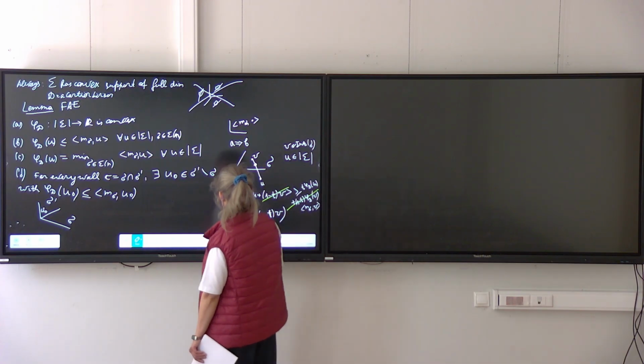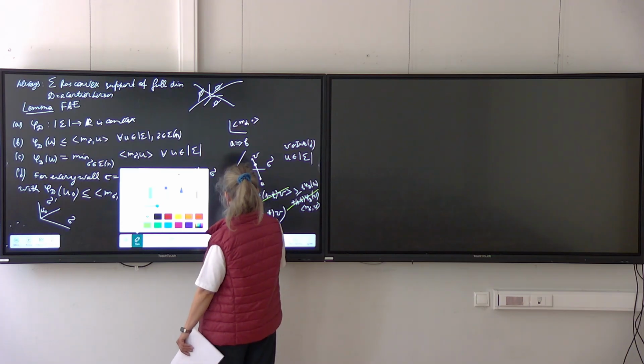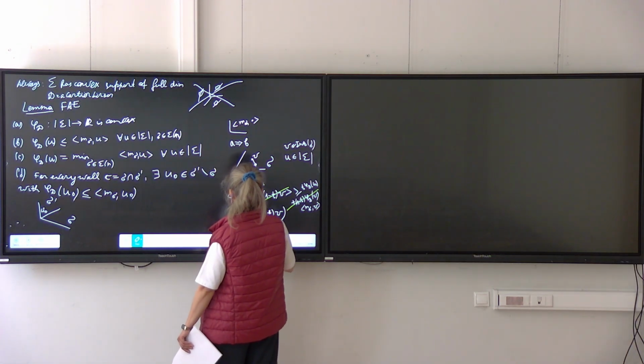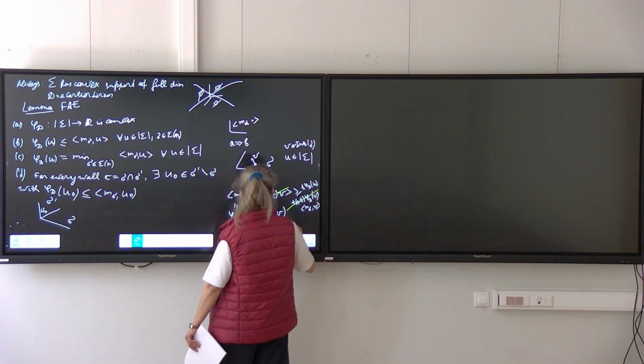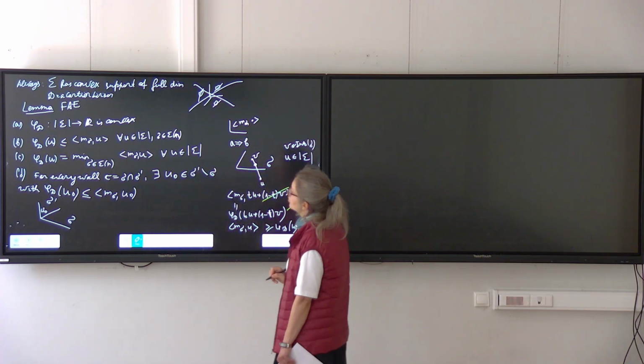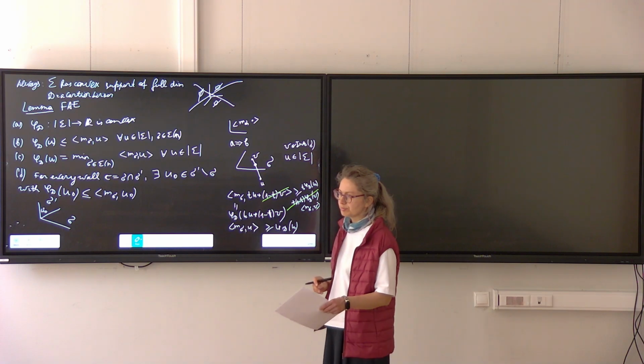Then we divide by t and we obtain m sigma u greater or equal than phi d u. Okay, what we wanted.